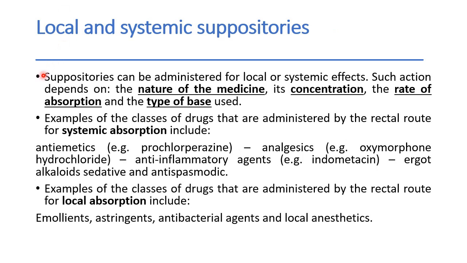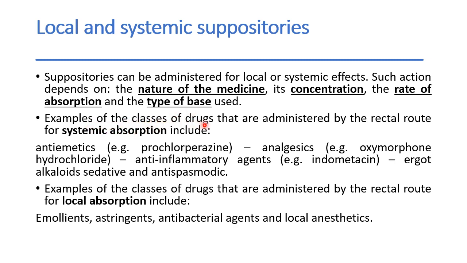We mentioned that suppository dosage form can be used for local and systemic effect. This depends on the nature of the medicine, the concentration, the rate of absorption, and the type of base that is used to prepare the suppositories.